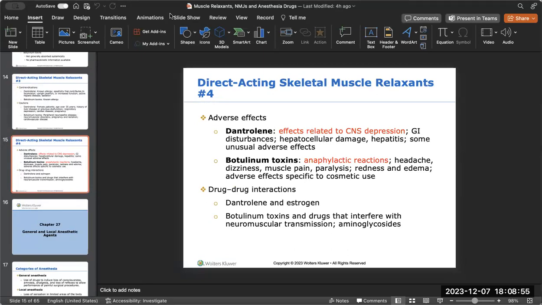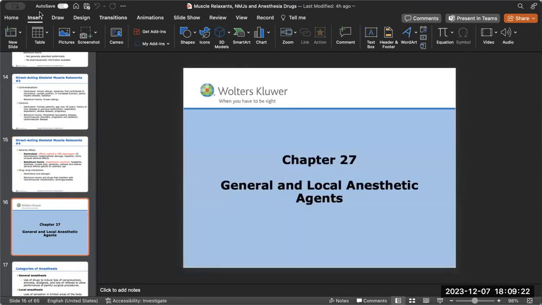For the botulinum toxins, the most problematic thing that we see is a potential anaphylactic reaction, which means their throat might close, which means they could lose all airway support and potentially die. So those are our two things that we're really, really watching out for. So you could think, okay, with these direct acting skeletal muscle relaxants, like the centrally acting, I have to really watch out for respiratory complications. Any questions?